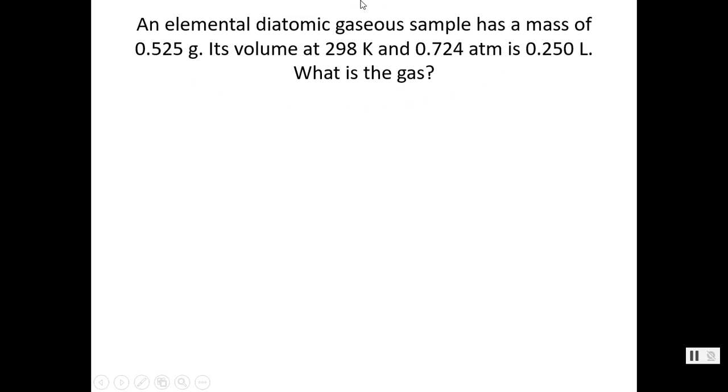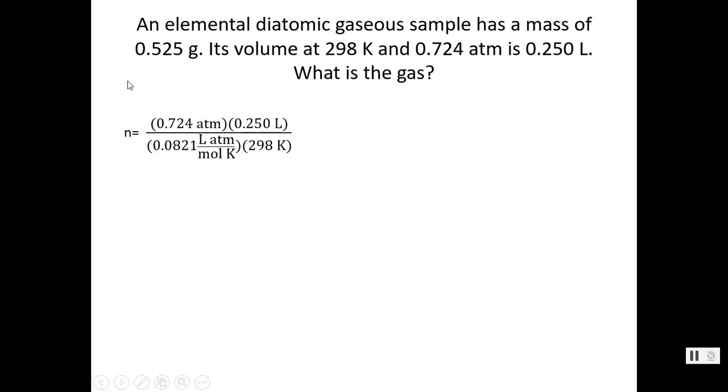So I've got that same question written up here. I went ahead and solved for the moles of gas because I'm going to determine the identity again by its molar mass. I already know the grams. I'm going to use PV equals nRT to solve. So putting in my appropriate values of pressure, volume, and temperature.